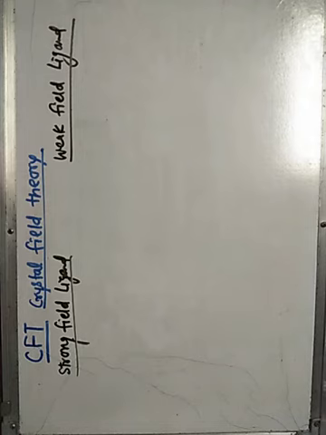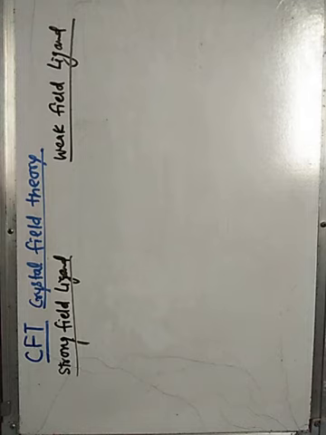So first of all, we'll discuss the strong field ligand, right? There is a spectrochemical series which gives the idea of which ion or molecule is the strong one or the weak one. I will mention it later on, but today we'll discuss CFT and of course the strong field ligand and the weak field ligand for coordination number 6.